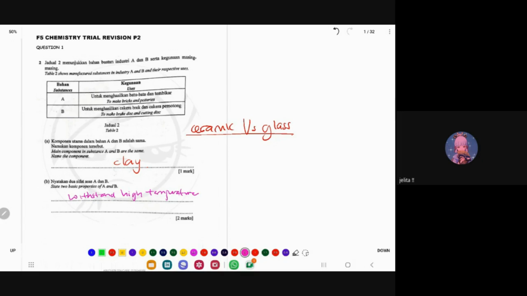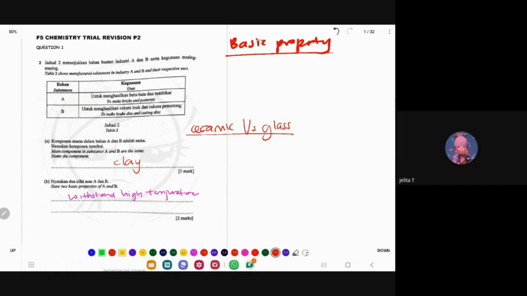Ceramic is actually made up of silicon dioxide mainly, but there's a mixture of other stuff also. What is the basic property of ceramic? If you have a textbook, you can refer to your Form 4 textbook.